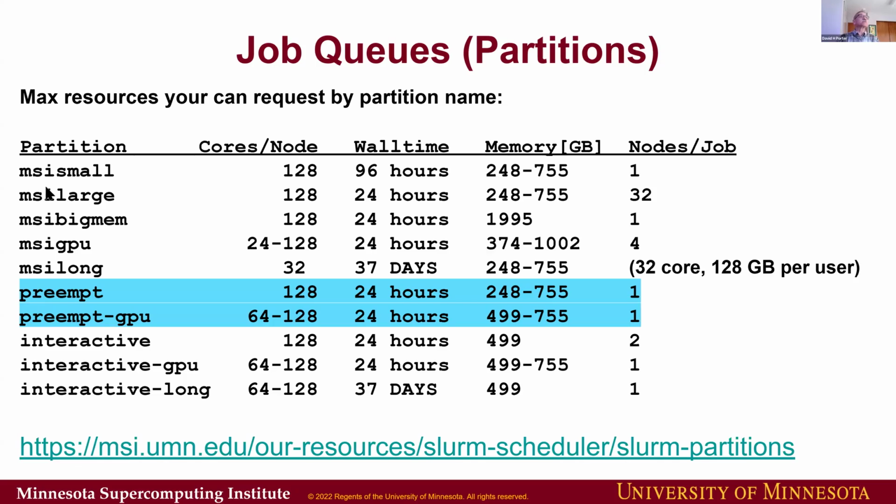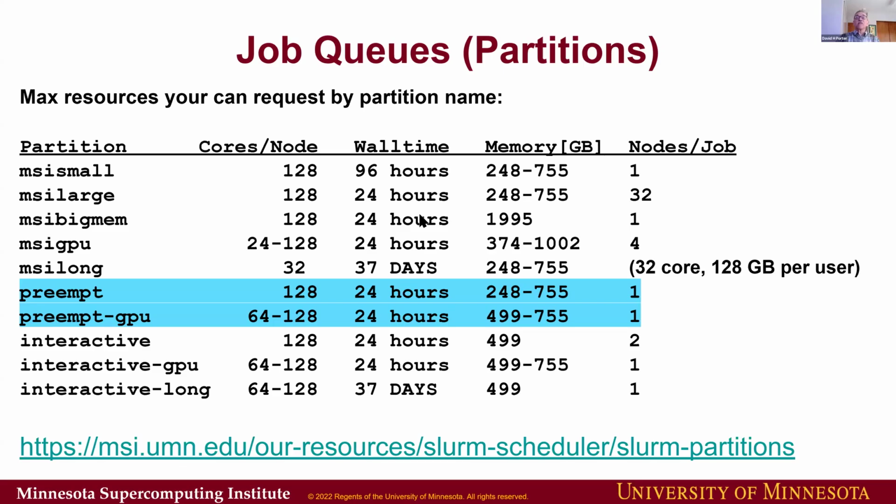So, for example, there's MSI small, and there you get one node, and you can ask for as many as 128 cores. You can ask for as many as 96 hours of wall clock time for running on that node. And there's a variety of memory that's available on the different nodes that are in that queue, up to an upper range you can ask for.